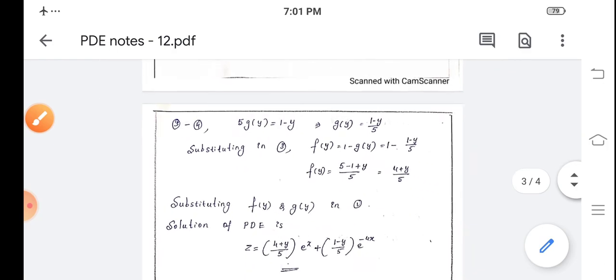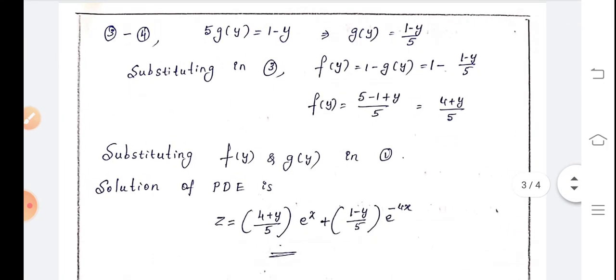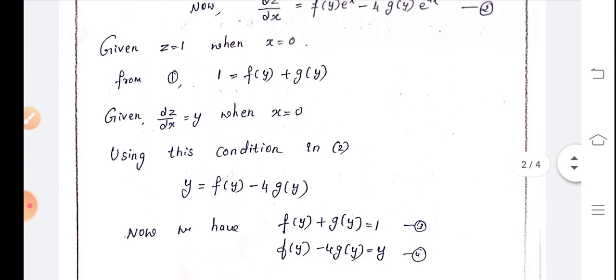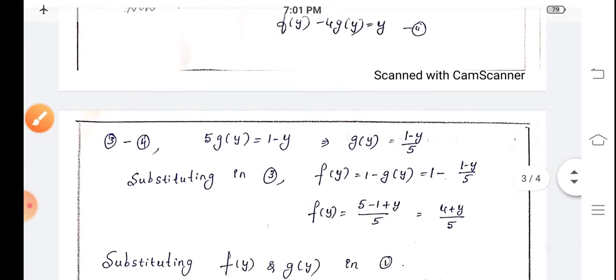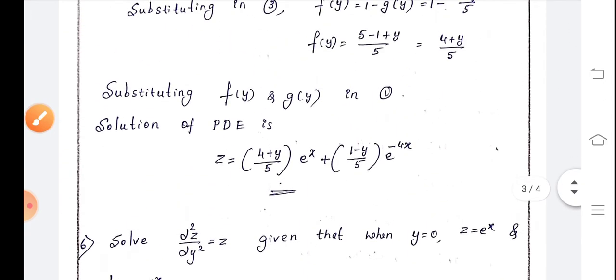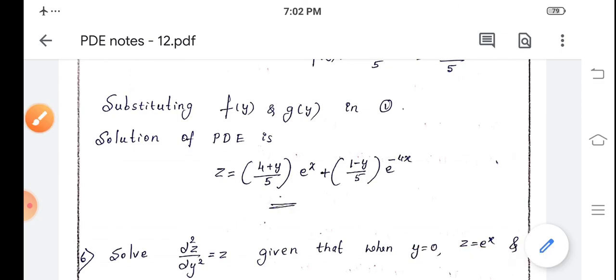So after getting f(y) and g(y), we write the solution of the partial differential equation by substituting f(y) and g(y) in equation 1. That is, the solution of the partial differential equation is z = ((4 + y)/5) e^x + ((1 − y)/5) e^(−4x).